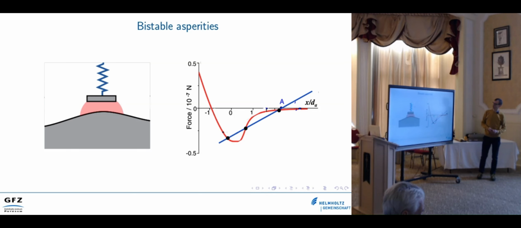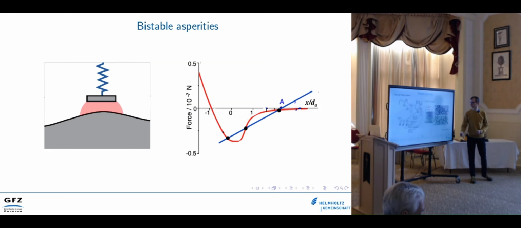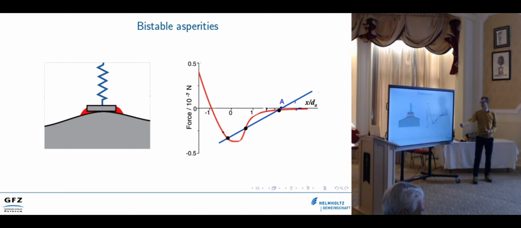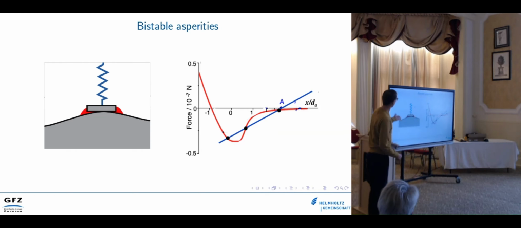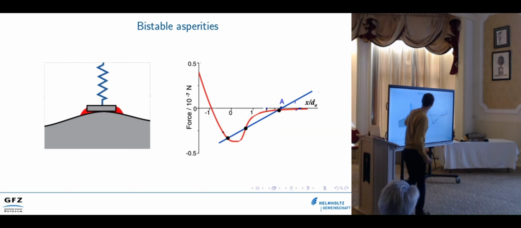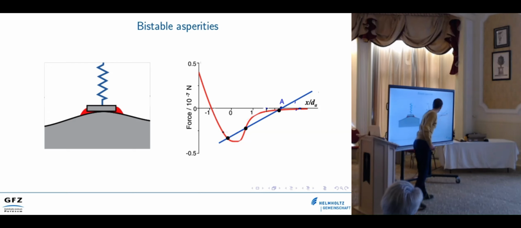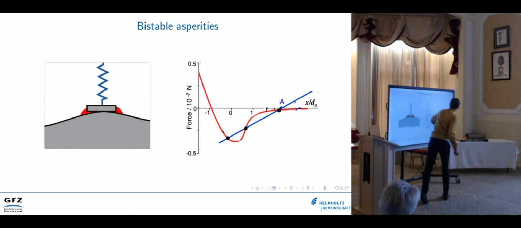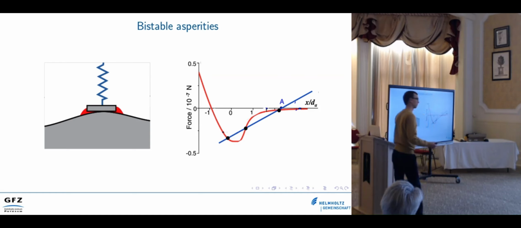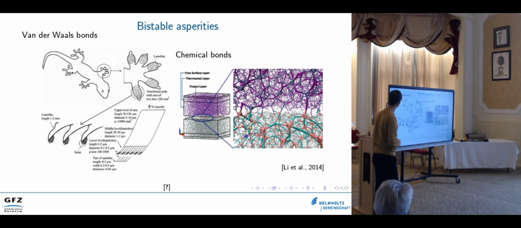But we can also move these points together, and then we are at this point here, where the attractive force is large, but also the elastic force is large. So we have another equilibrium that is stable, and this one was the one where we are far from each other.